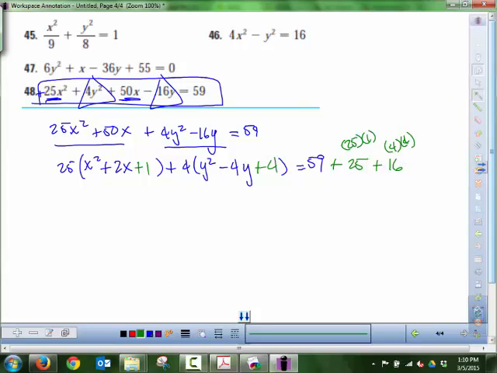So now we've got perfect squares. x plus 1 quantity squared, y minus 2 quantity squared, and then this business, 100.